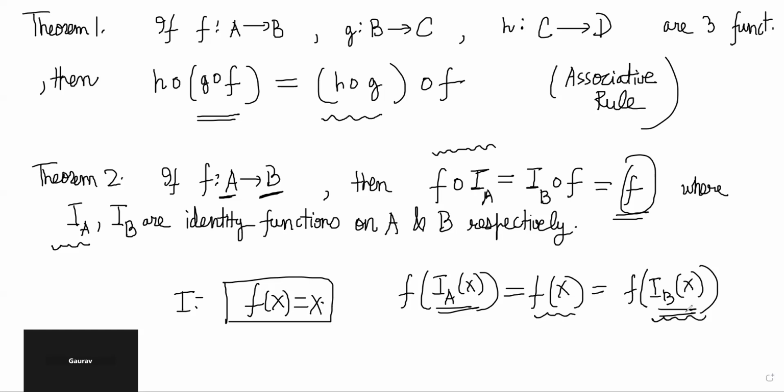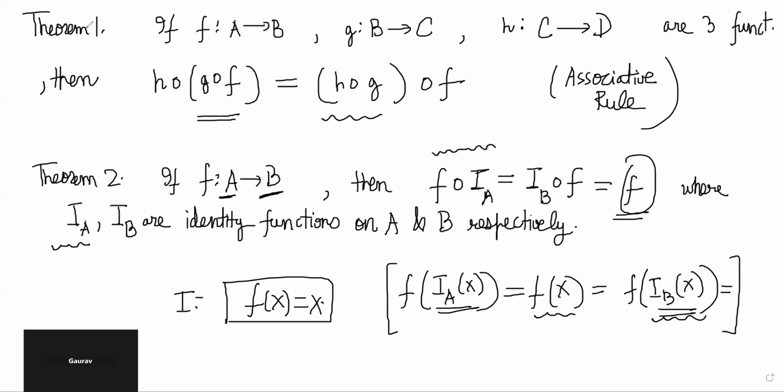Basically, this is IB of f of x, which equals f of x. So what we are saying is that the identity function ensures that composition of any function with the identity function is going to be the same function. Are you understanding?